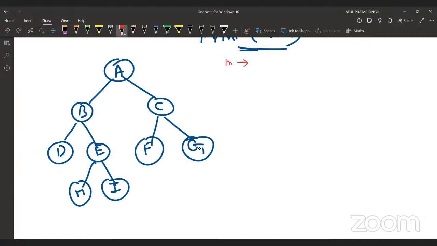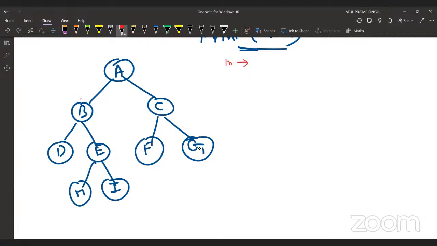So pre-order is just like DFS, right? Okay, so in DFS, what do we do? We just move to the next node.